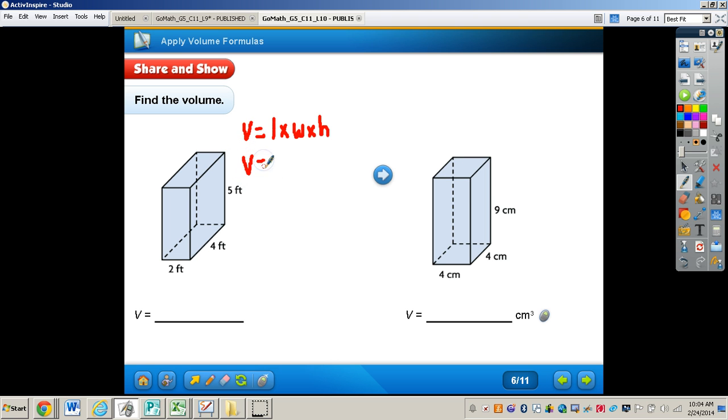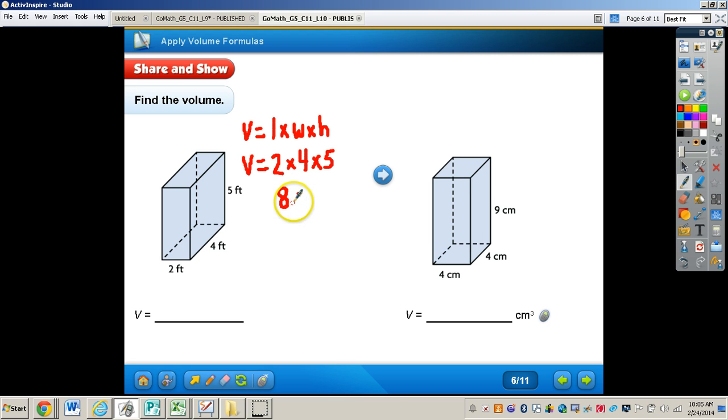Then from here we're going to plug our numbers in. Volume equals, the length is 2 feet, width is 4 feet, and then the height is 5 feet. Then what we're going to do is multiply, find that base area. So 2 times 4 is going to give us the base area of 8.